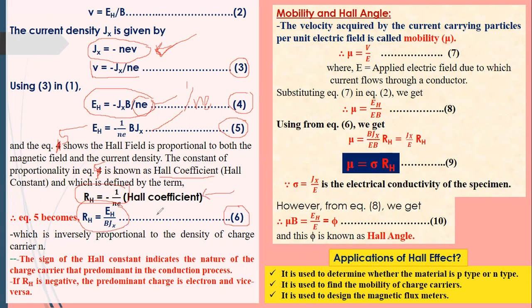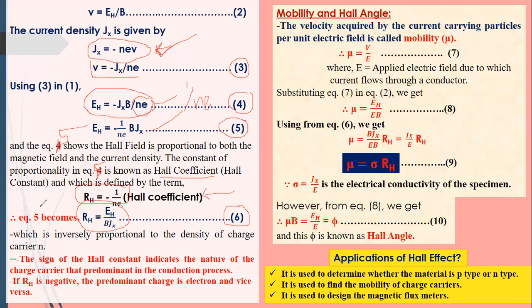After the Hall coefficient, we can say that RH is inversely proportional to the density of current carrier N, and the sign of the Hall constant, here the negative sign, indicates the nature of the charge carrier that predominates in the conduction process.